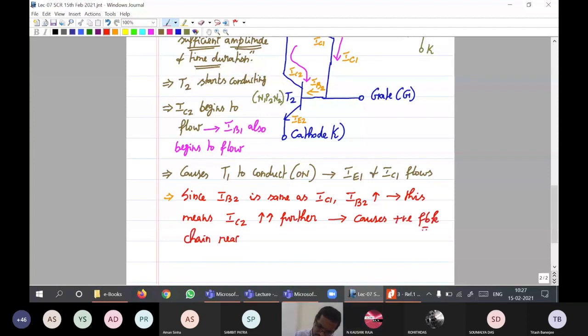Because of this positive feedback or chain reaction, even when you remove the gate pulse, the SCR will still continue to conduct. Resultantly, the SCR continues to conduct even after removing the gate pulse.